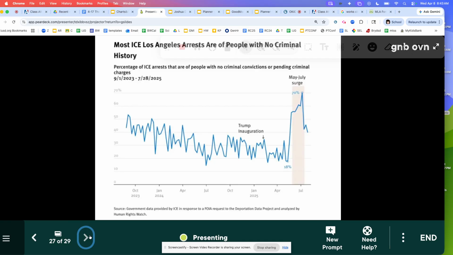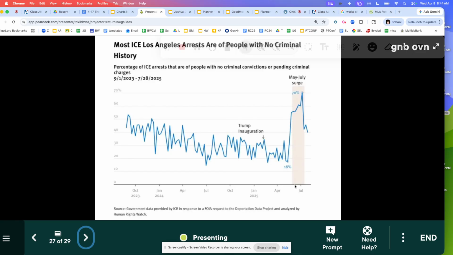Okay, this is based off of LA. So most ICE raids in LA are people with no criminal history. Now, that title could be changed a little bit, but here's what we're looking at: the percentage of ICE arrests from October 2023 to July of just last year. That's our summer break before you guys started 5th grade.